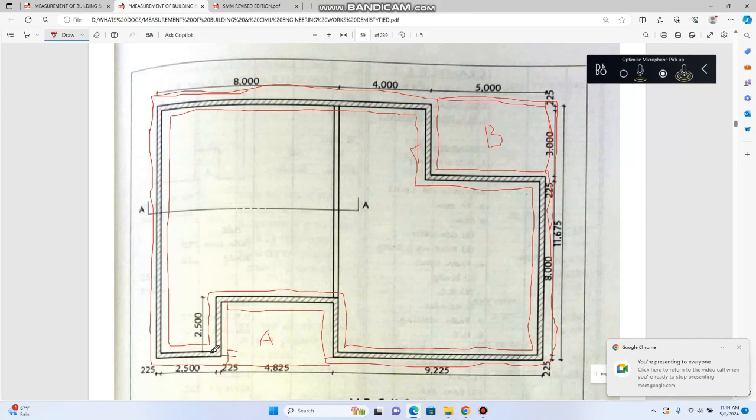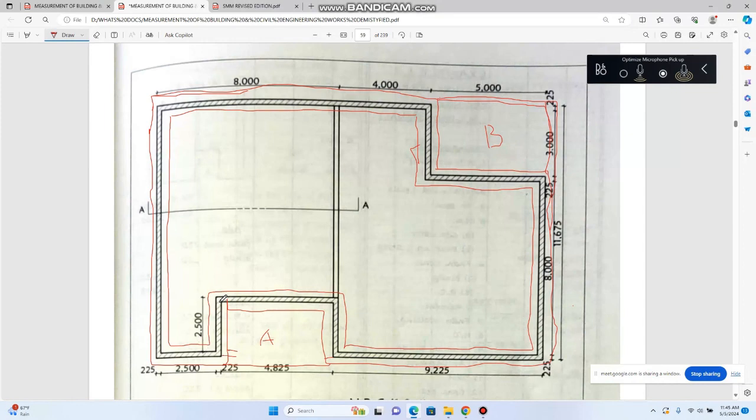You see, from here inside the wall to outside this wall is 2500. So if we want to get from here outside to here inside the foundation spread, we shall deduct this wall thickness first. From here up to here is 2500.